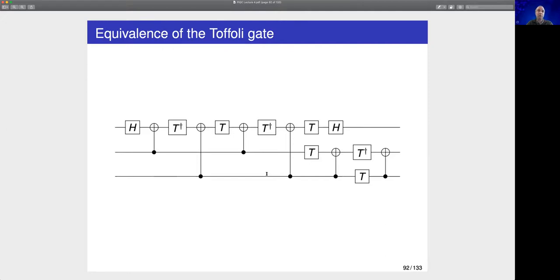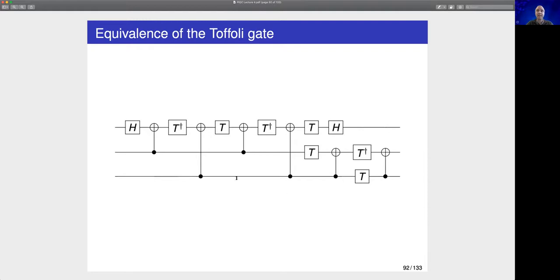I also want to show you that for more complicated gates, you can sometimes do an exact decomposition. For instance, for the Toffoli gate, you can check, this is another exercise that maybe you cannot do by computing all the matrices because you have a lot of gates, but that you can do, for instance, in Qiskit or with Cirq.